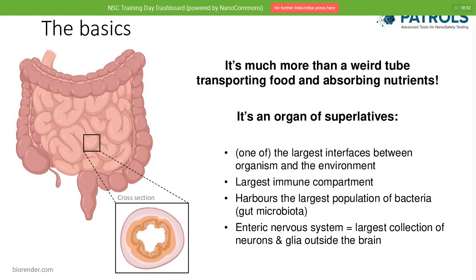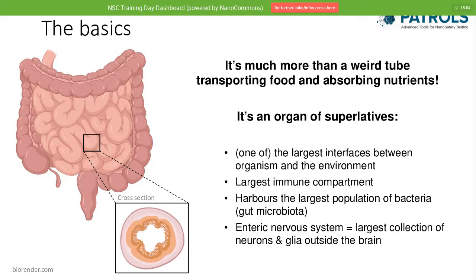So the three-dimensional structure of these folds and the microvilli that are formed on the enterocytes is resulting in a vast surface area. Therefore, it is also not surprising that it's one of the largest immune compartments of the human body, because this very critical balance of allowing nutrient absorption across the epithelial barrier while keeping out potentially harmful antigens needs to be guarded somehow.